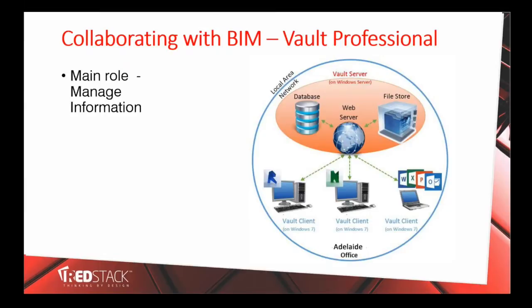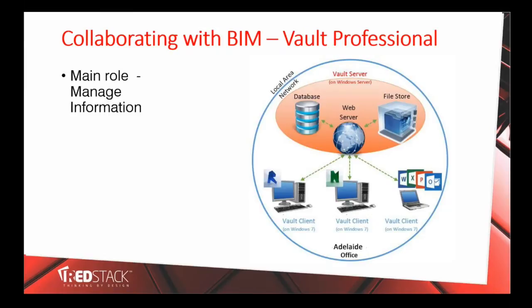Vault accomplishes this by recording a version history of every file that it stores through a check-in, check-out process which is initiated by the user. Access can be granted throughout the company through the Vault's various roles and permissions that are set up.